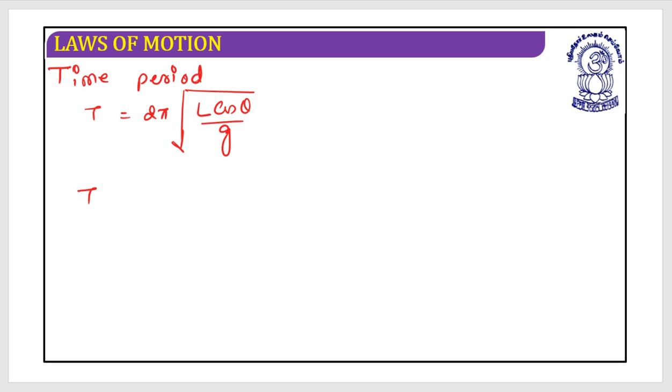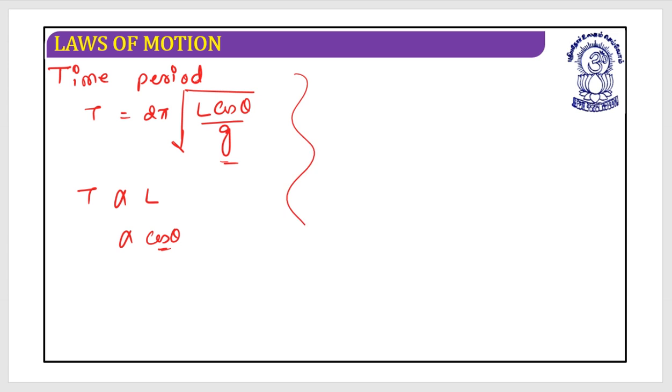This time period depends on L, the length of the pendulum, and on cos theta, because mostly g is fixed, and 2 pi is always fixed. So this is the dependency of the time period of the conical pendulum. I hope this is clear.